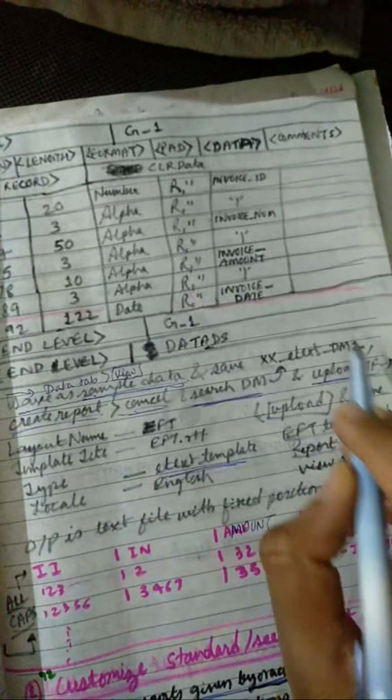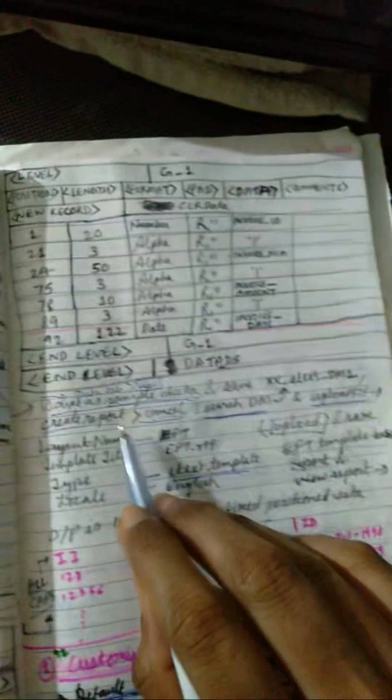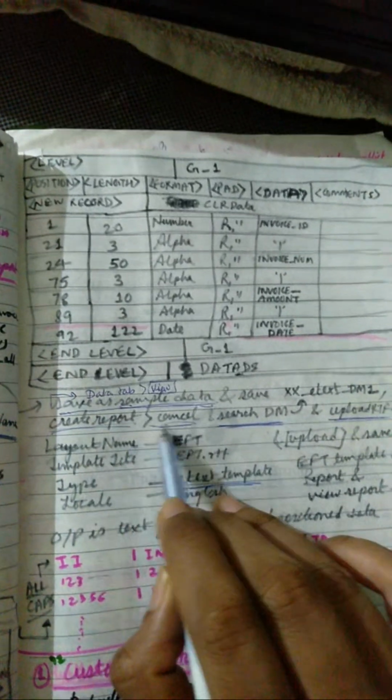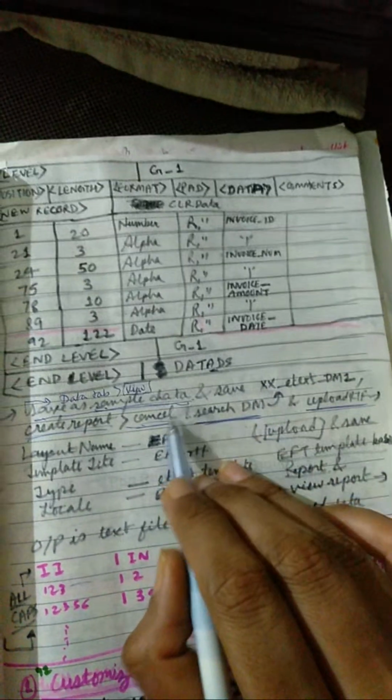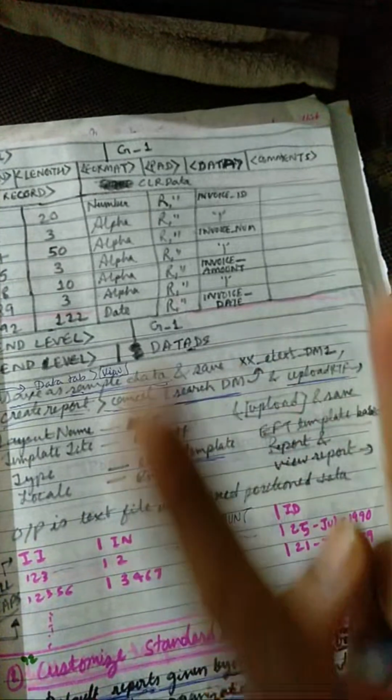After that is done, save the data model, and after saving the data model, you have a create report there. So click on create report, cancel it again, and search for this same DM name. After you cancel this create report, a new page opens where you'll have two options.